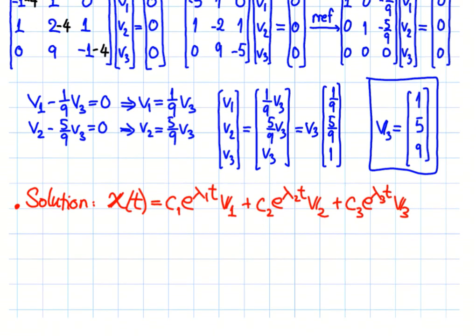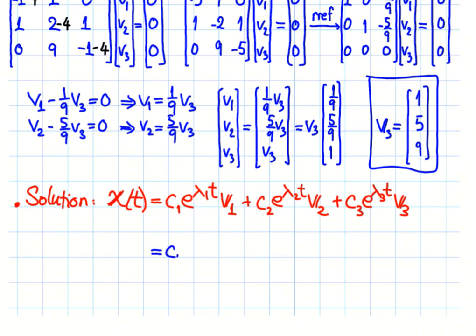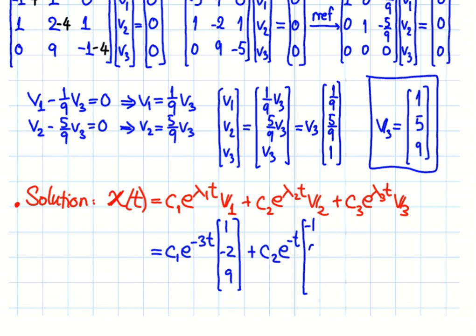Where we put in everything we have for this problem, we will have C1 e to the negative 3t, and the eigenvector V1: 1, negative 2, and 9, and C2 e to the negative 1t, which is negative t. The eigenvector will be negative 1, 0, and 1. And then C3 e to the 4t, with the eigenvector 1, 5, and 9.